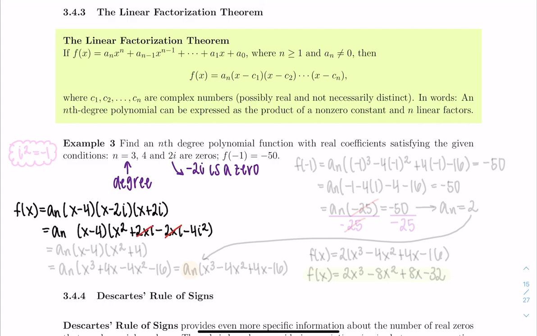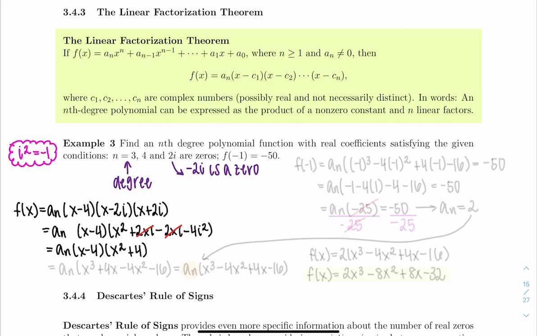And we have to remember something about imaginary numbers. i squared is equal to negative 1. And so we end up getting a sub n times x minus 4. And then we get x squared, and negative 4 times negative 1, this is going to turn into plus 4 because of that i squared.